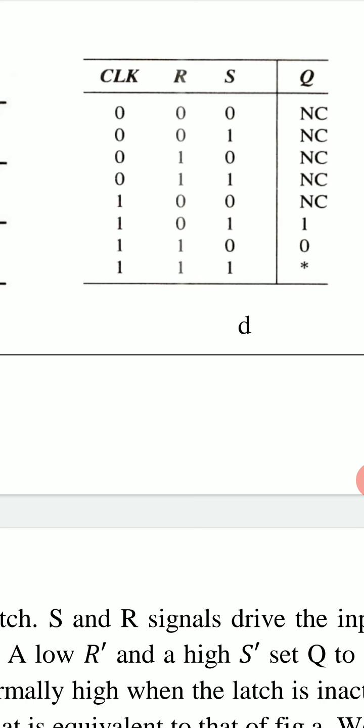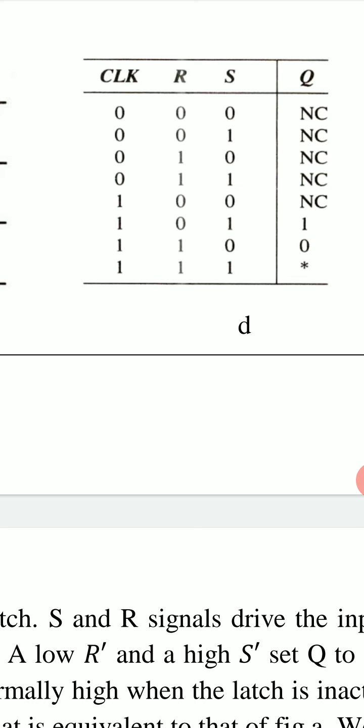When clock is 0, output Q is no change, and when clock is 1, then output Q is no change when R and S both are 0, and there is a race condition when R and S are equal to 1.